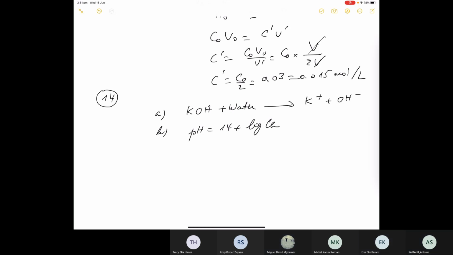So negative log CB is pOH, equal to 14 minus 11, equal to 3. So CB equals 10 to the negative 3 mole per liter.